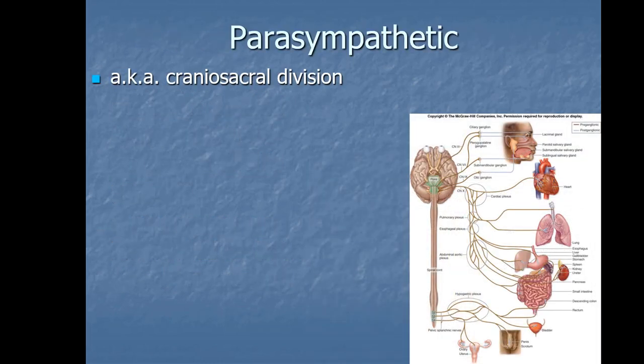If we look at the parasympathetic first, it's also known as the craniosacral division, sometimes called the resting and digesting branch. The reason it's called craniosacral is that the nerves of the parasympathetic nervous system leave the central nervous system as either a cranial nerve or coming off the sacral region of the spinal cord.